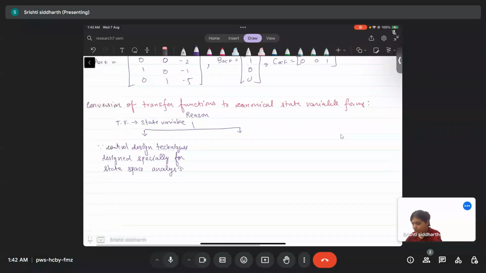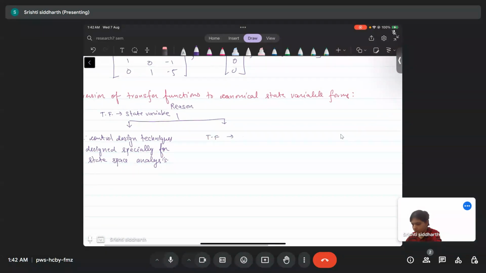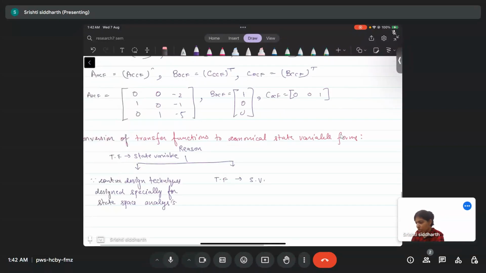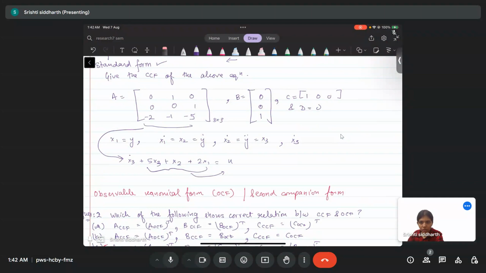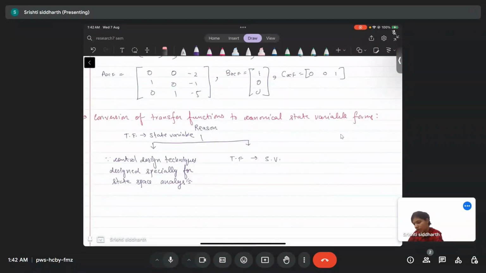And the other reason for converting the transfer function to the state space approach or the state variable form is that the transfer functions or the higher order differential equations are of nth order, but the algorithms we use, for example, if you write an algorithm in MATLAB to solve for a system, those algorithms require first order equations for simulation purposes and also for validating the control laws that were designed.